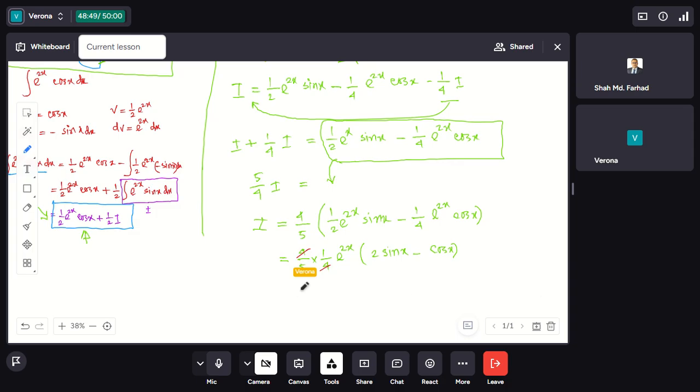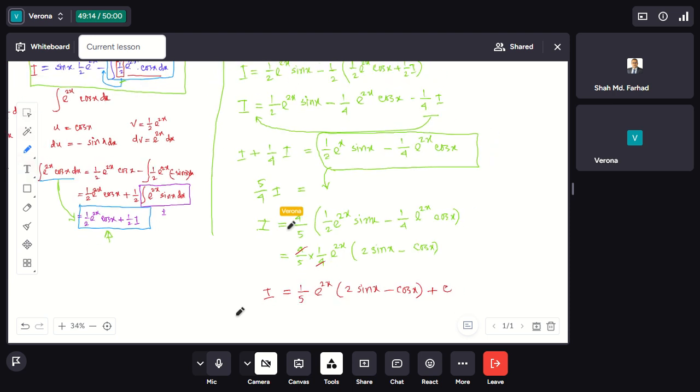So the final result will be 1 over 5 e power 2x, then 2 times sine x minus cosine x, then plus c. That is the value of the given integral. Okay, that is the repeated integration by parts.